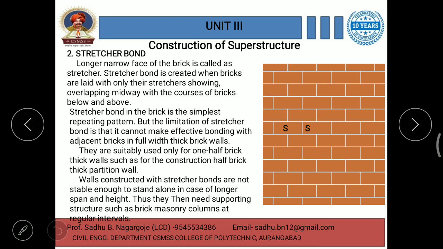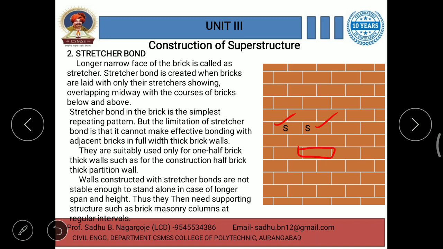We can see here that all these faces of the brick used for this brick masonry show the full face of the brick. You can see these are the full bricks, and that's why it denotes a stretcher.